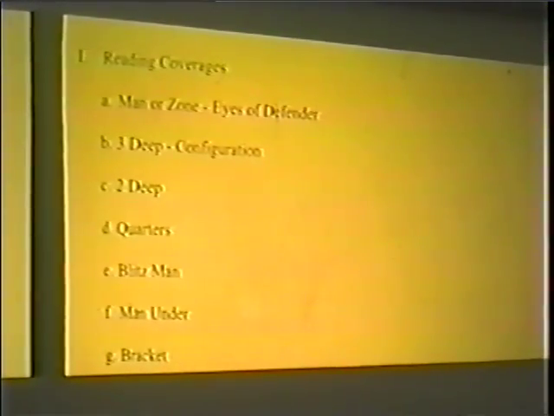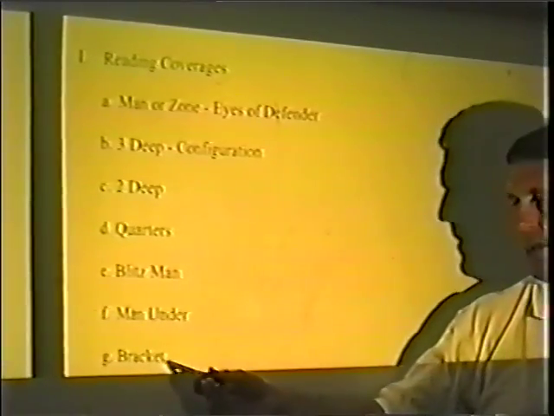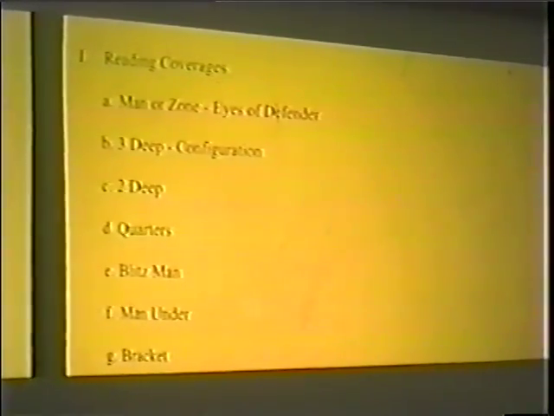Now bracket is a little harder to tell. And by bracket, I think with a young quarterback, you don't want to start teaching them this first. But most of the time when people play bracket coverages, they're going to do it out of a quarters look, and it's situational.